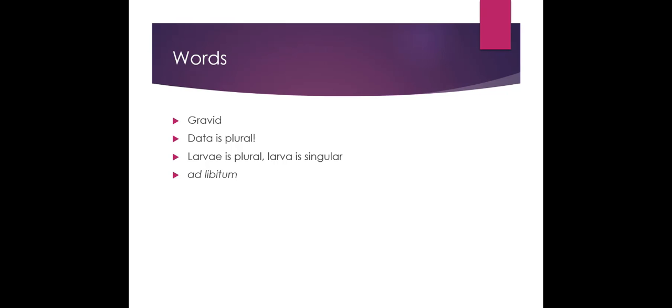In entomology, we say gravid. So gravid means an organism with fully formed eggs ready to oviposit, or an organism with fully formed larvae ready to larviposit, or fully formed pupae ready to pupariate. So gravid is the word you're looking for, not pregnant.